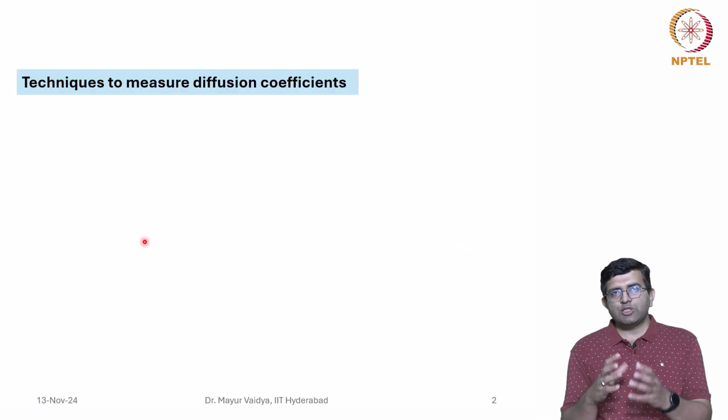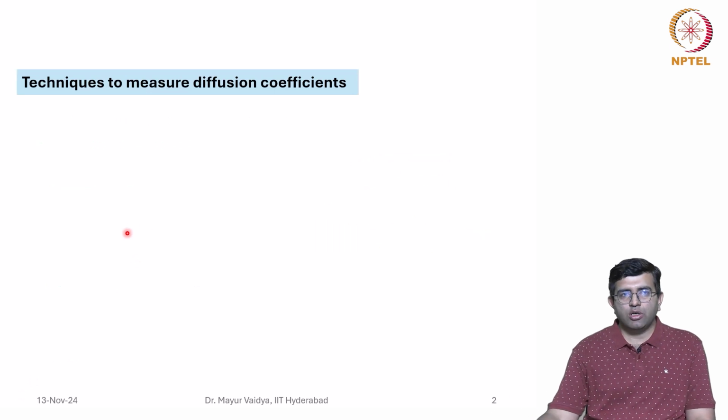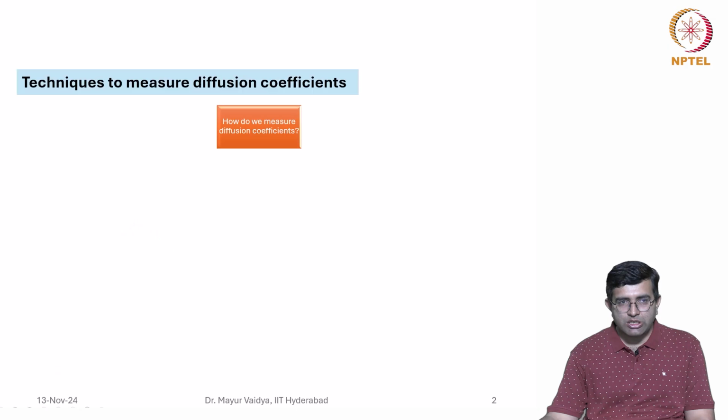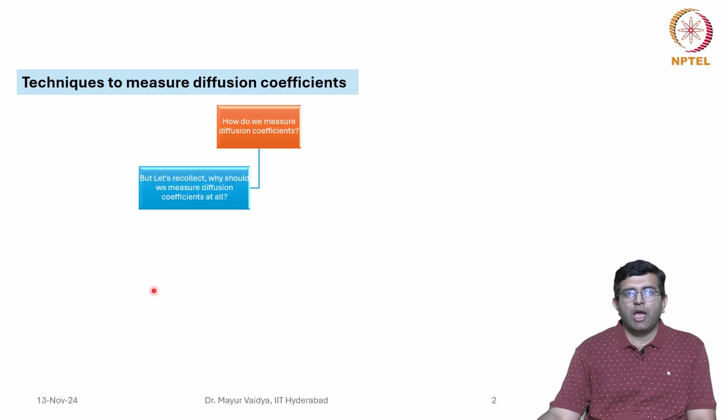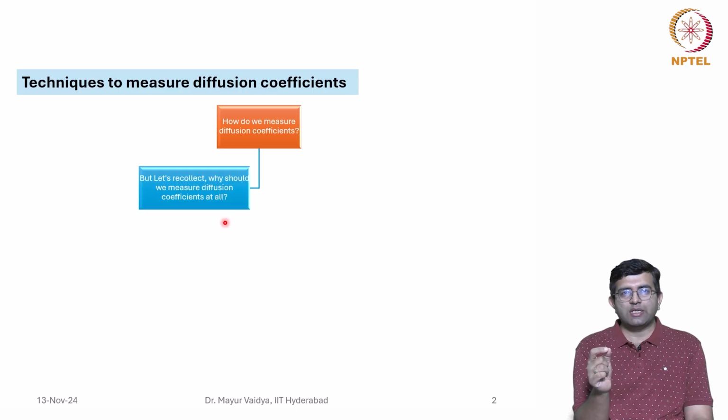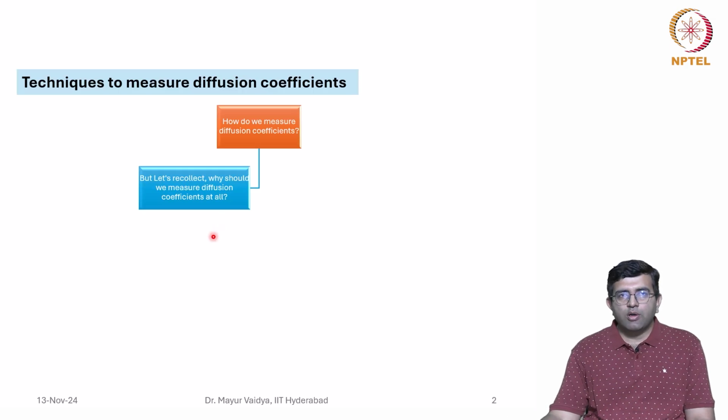So the techniques to measure the diffusion coefficient. As I said, the question is, how do we measure the diffusion coefficients? Before we go to the techniques, I will briefly go through once again the different types of diffusion coefficients that we have encountered so far. Coming to the techniques, they can be divided into two methods.